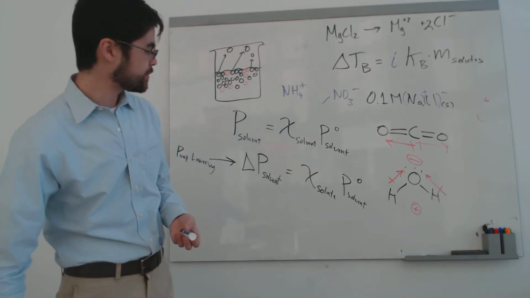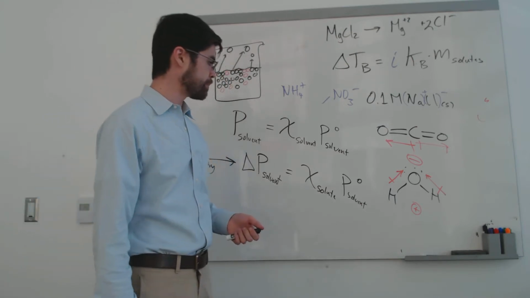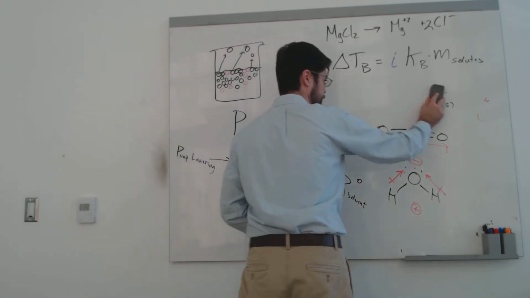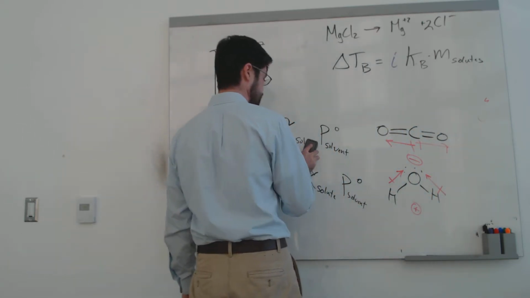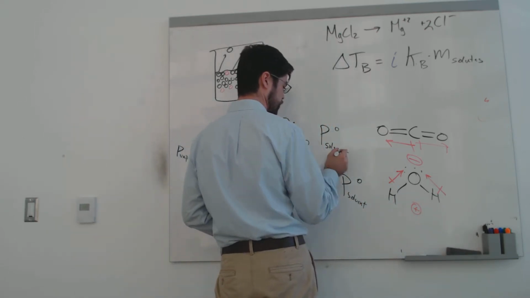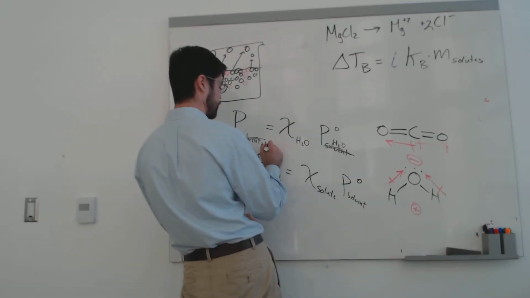So the example I gave today was, let me come up with an example here. Mole fraction, let's say I had two solutions. We're doing an aqueous solution, so the solvent here is water.